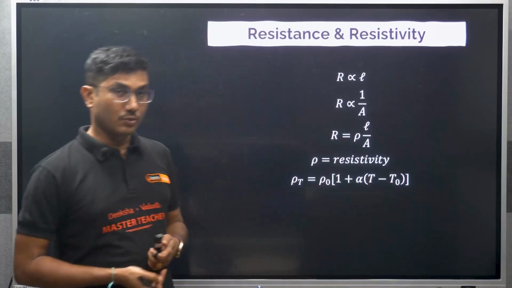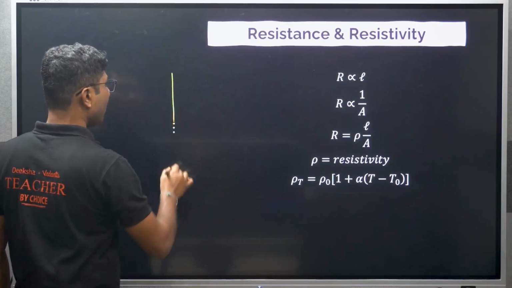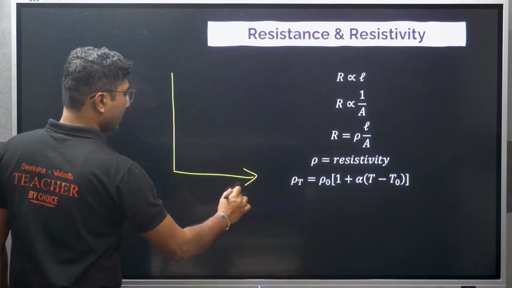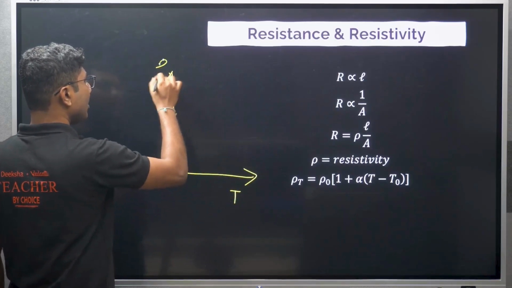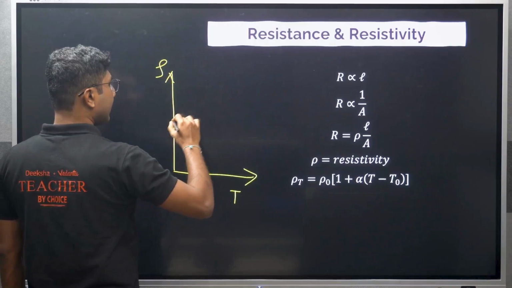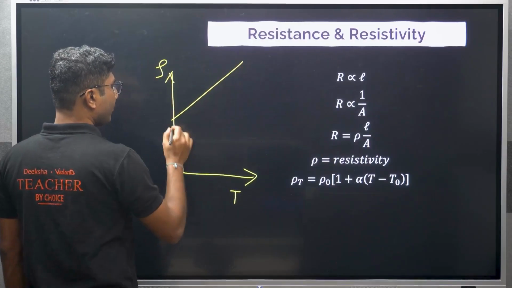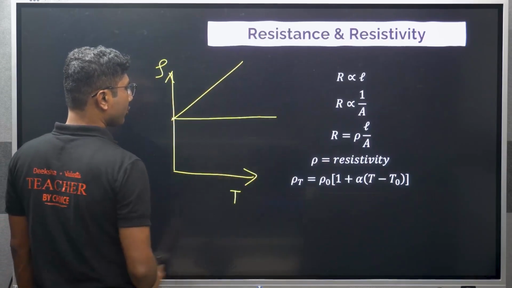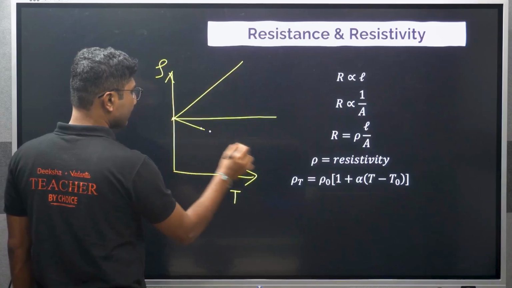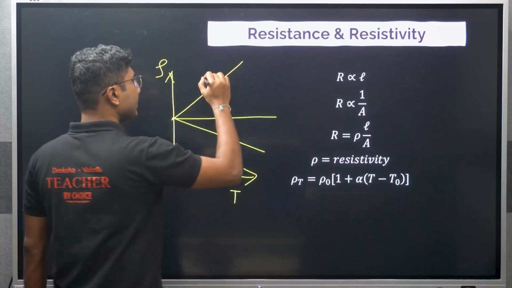For example, nichrome. If you plot the graph of temperature versus resistivity, for a normal conductor it increases, for nichrome it is almost constant, and there are few materials whose resistivity decreases. This is a normal conductor.